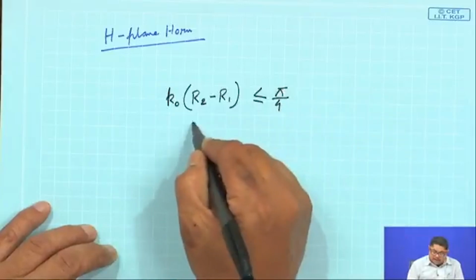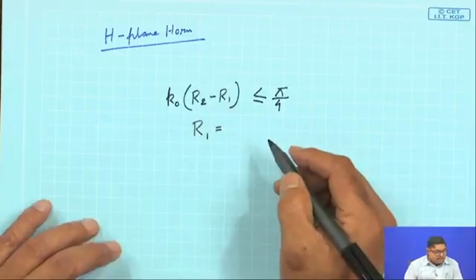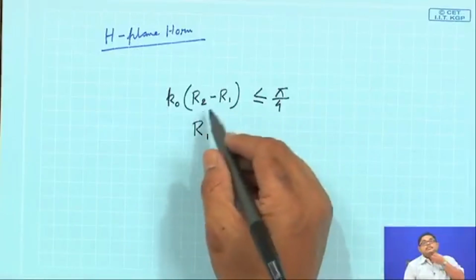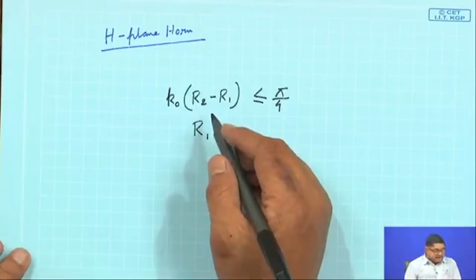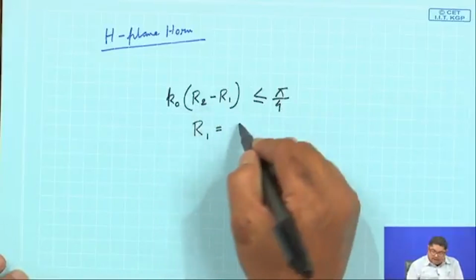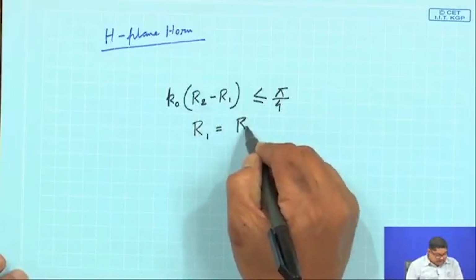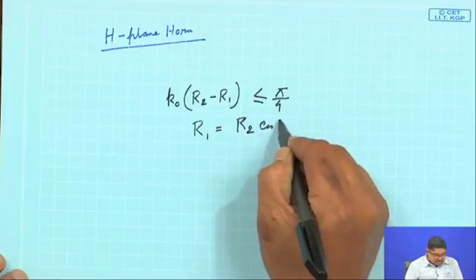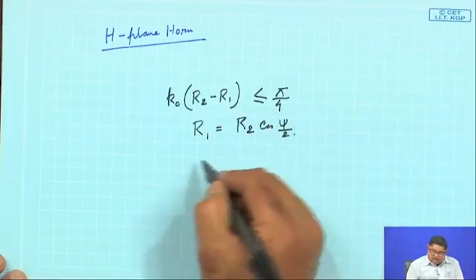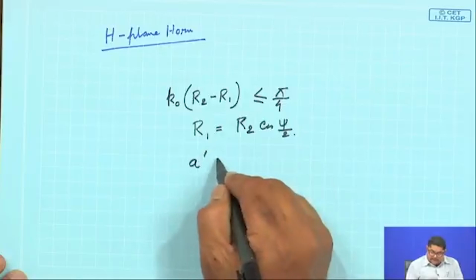Now, what is R1? I will try to introduce the flare angle psi. So, R1 is nothing but R2 cos(psi by 2), and what is A dashed?